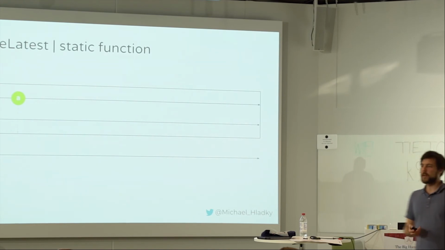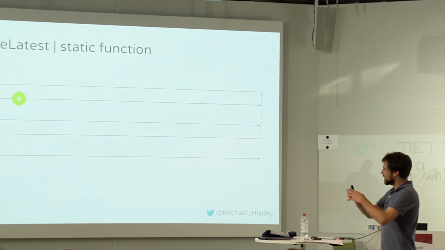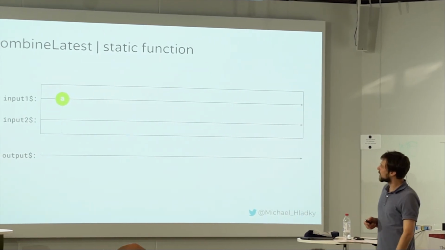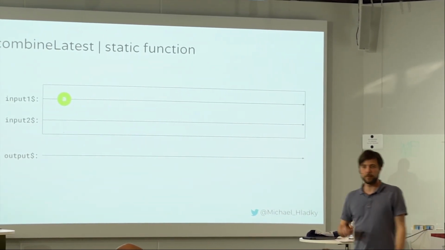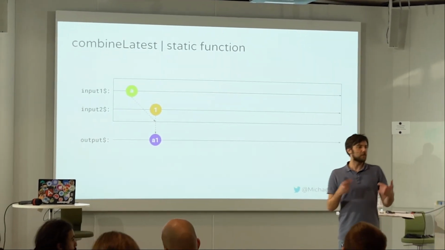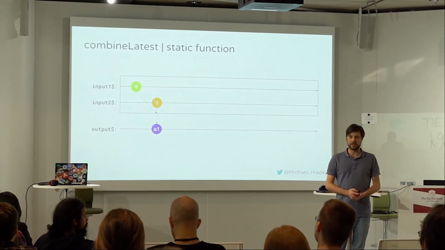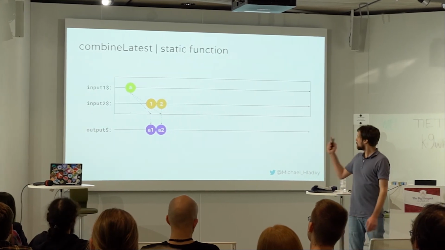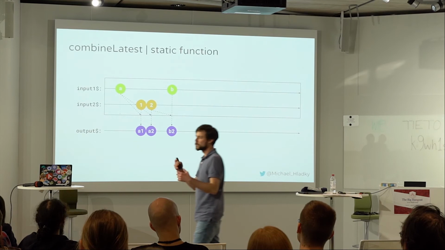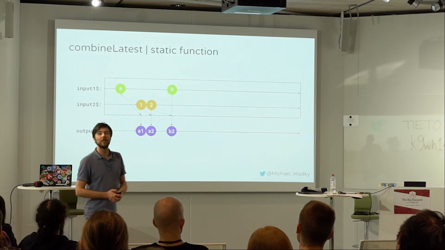So when zip was waiting for every emission from every other observable, combine latest ignores just the first emission, and then it will emit a value whenever any of those internal observables emits a value. So here, in the same pattern, we receive a pair of values whenever any of those internal observables emits a value.